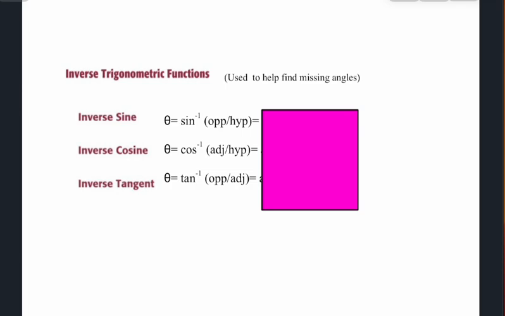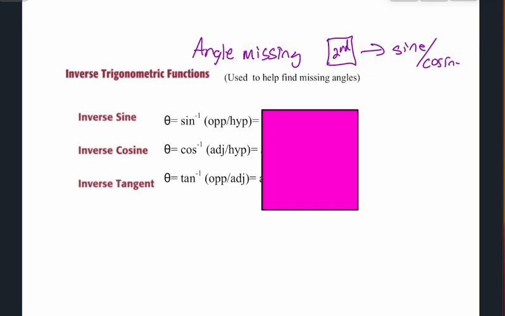For us to look for the angle, we are going to use the inverse trig functions, and that is the only time that we hit the second button on our calculator. We have to hit the second button, then the sine, the cosine, or the tangent button, okay?